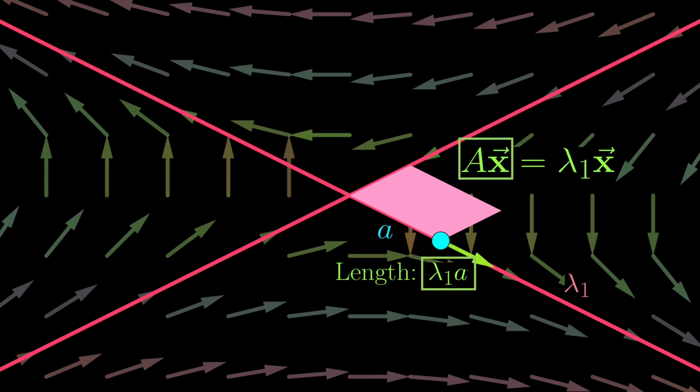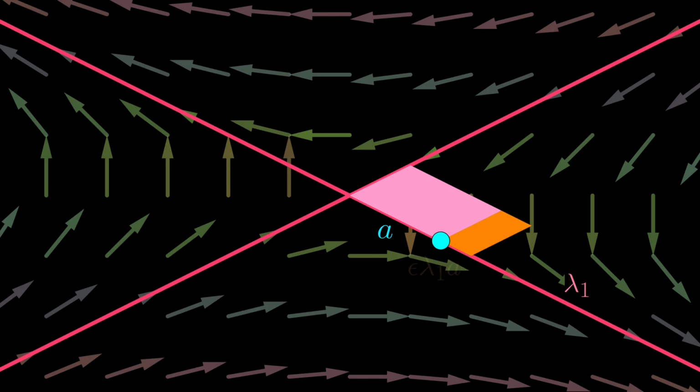So after a very short time epsilon, we should have an extra length of epsilon lambda1 a along this line. Using the same argument on the other corner of the parallelogram, the extra length on the other line would be epsilon lambda2 b after time epsilon.